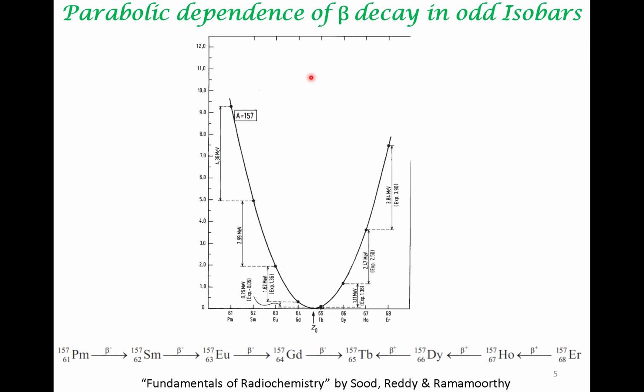And what you see from experiments is that whichever atomic number you take amongst these nuclei, they all decay to this. This is the element that has the least energy or the least mass, which are one and the same. The way to get to this particular element is via a beta minus decay or a beta plus decay.